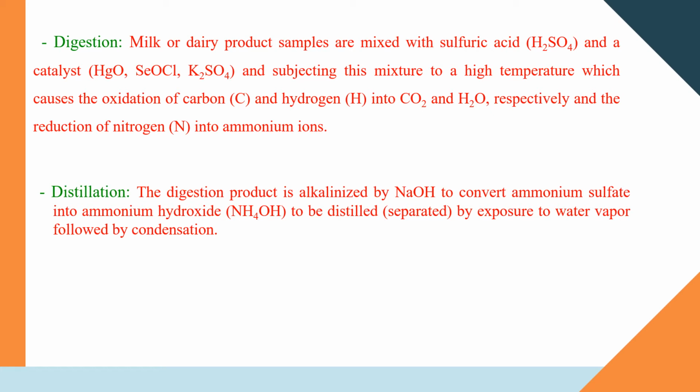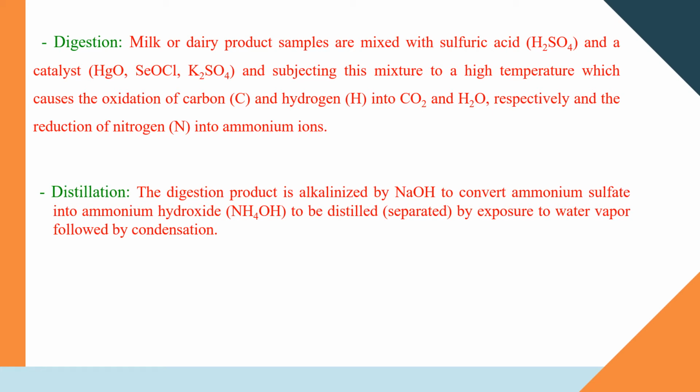This stage starts with the conversion of ammonium sulfate into ammonium hydroxide. Since ammonium hydroxide is more volatile than ammonium sulfate, we can do this by simply adding sodium hydroxide to the digestion mixture and then expose it to water vapor, بخار ماء, that can volatilize it.